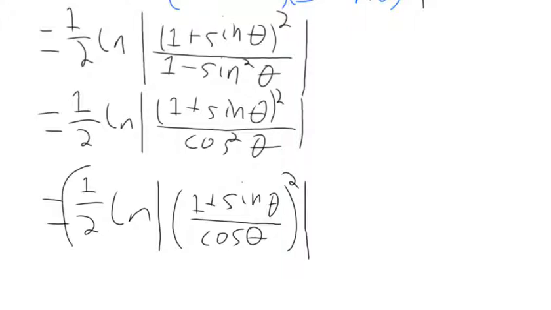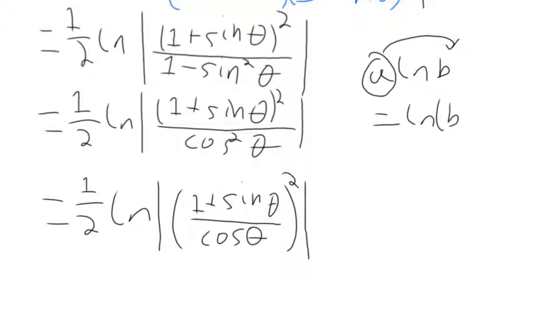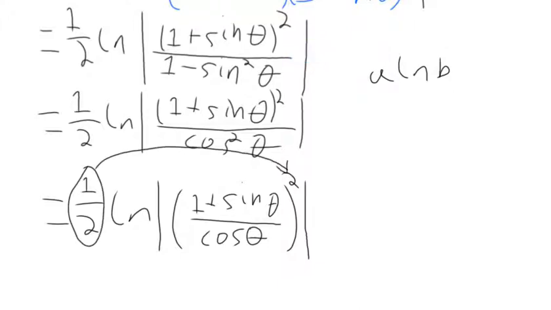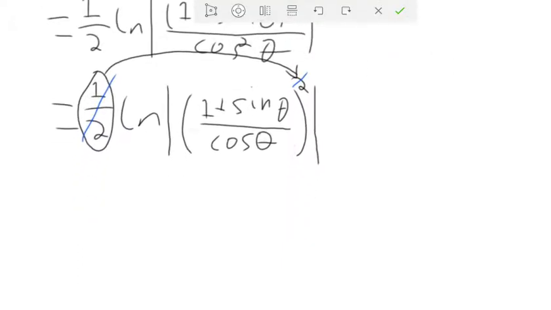Alright, now I have this 1/2 in the front. Remember, for a natural log of b to the a, we can use a log property. I can take the a and bring it to the exponent right here, and it will give me natural log of b to the a. So I'm going to do the same right here. I'm going to bring the 1/2 up right here, and you will see that the 1/2 will cancel with this 2, because we would multiply the exponents. We have a power of a power, and they would cancel.